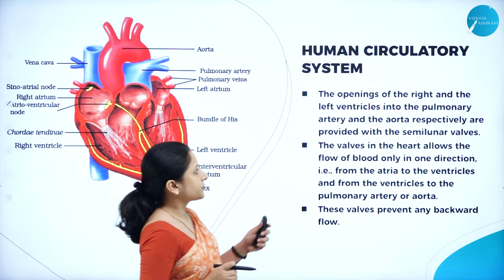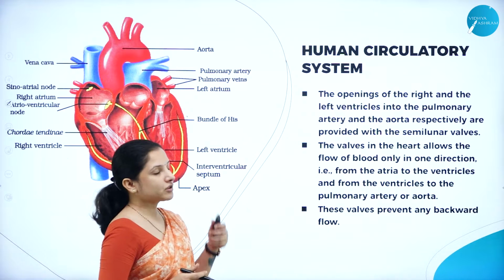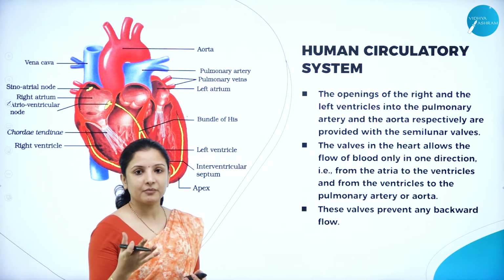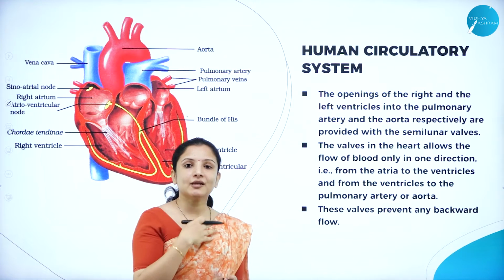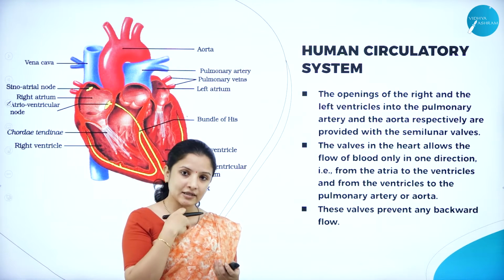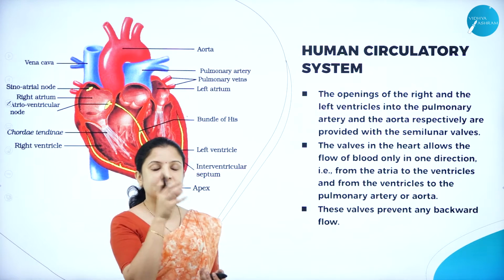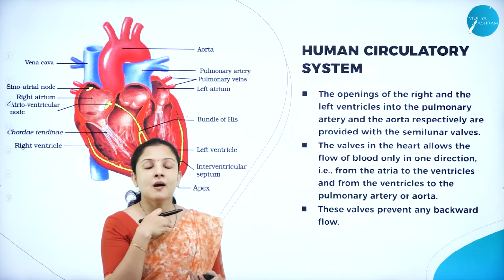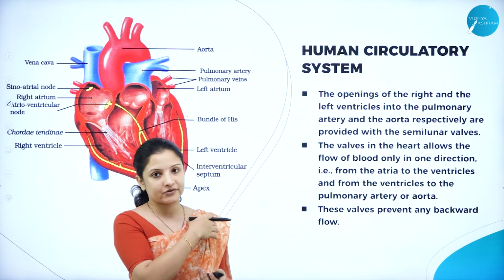So moving further. Now the openings of the right and the left ventricles into the pulmonary artery. There is a pulmonary artery, right? There has to be a connectivity between the lungs and the heart. Why? Because it is the lungs that provide the oxygen to the heart. So there has to be a connectivity between the pulmonary system and the systemic circulatory system.